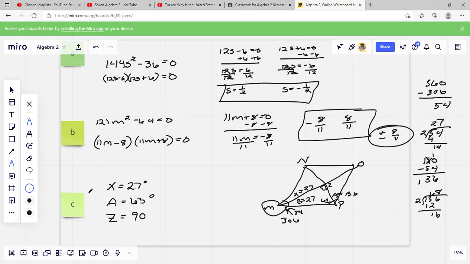My 27 is right. 180 minus 54. Oh, it's 126. There we go. And then that would be 63. Yep, 63. All right, anyways, there's the answer.